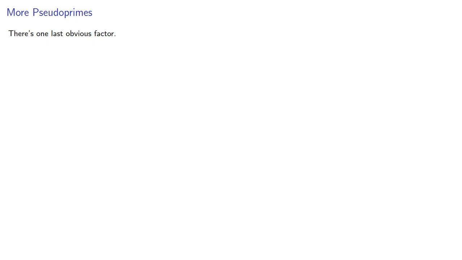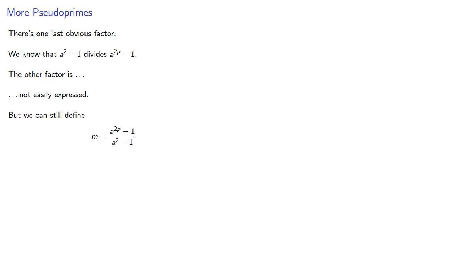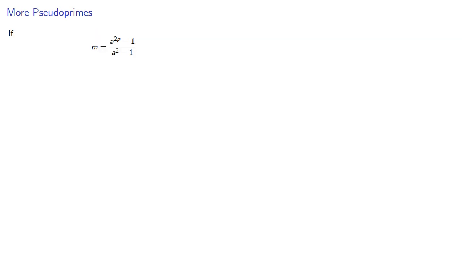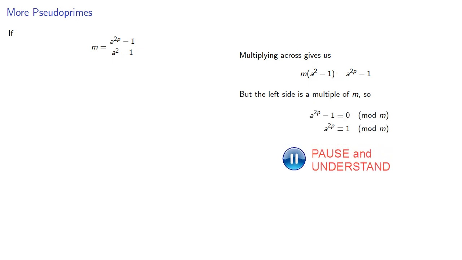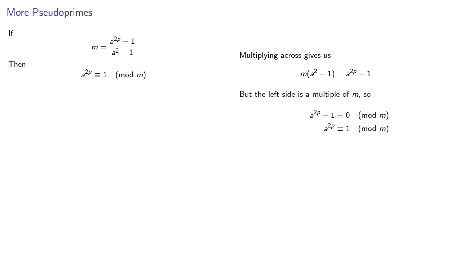There's one last obvious factor. We know that a squared minus 1 divides a to the power 2p minus 1. The other factor is not easily expressed, but we could still define m as that quotient. Now if m is the quotient, then if we multiply across, the left side is a multiple of p, so if I work mod m, I get that a to the power 2p is congruent to 1.